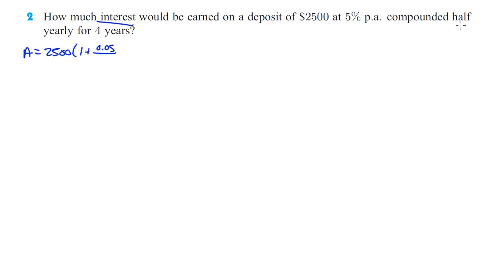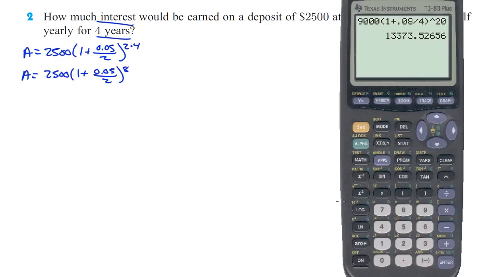And then it is compounded half yearly, so that means n is 2. So we've got a 2 down here and a 2 there, times the time, which is 4 years, so that's times 4. So we're going to want to plug into our calculator 2,500 times 1 plus 0.05 over 2 to the 8th power. All right, so let's try that out.